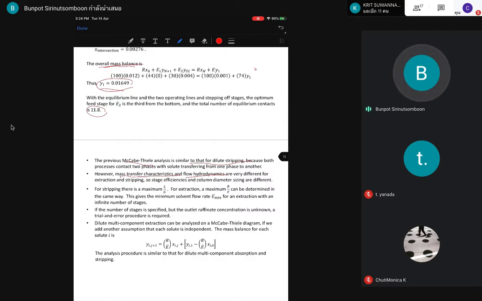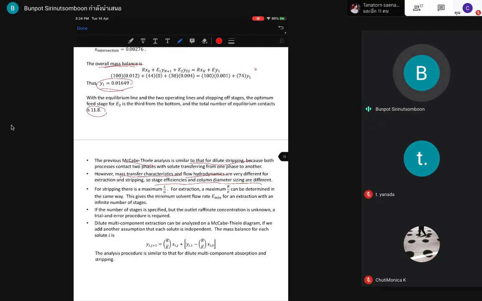But because of these differences in mass transfer and flow dynamics, the stage efficiencies and column diameter sizings are different. So when you design columns for liquid extraction, they're not going to be the same as when you design a column for stripping.